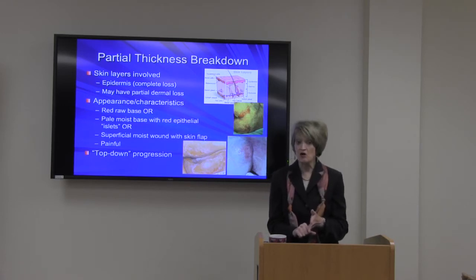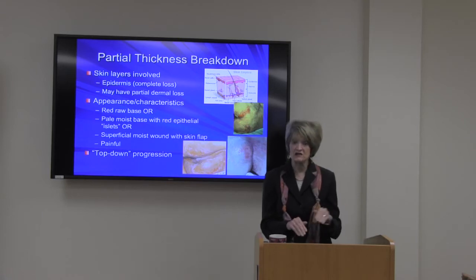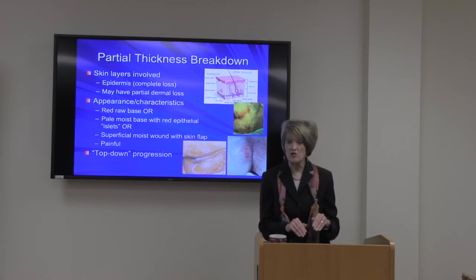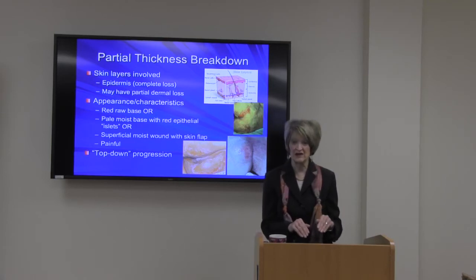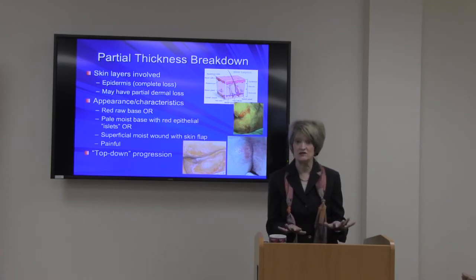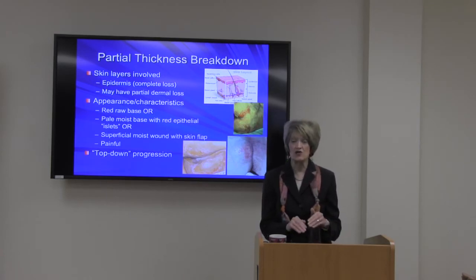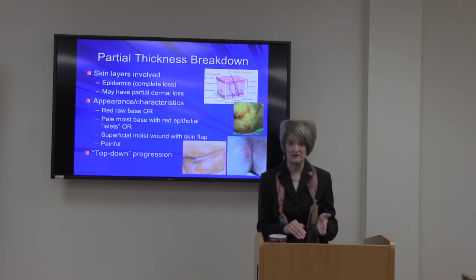So if you have a partial thickness lesion, you have lost the epidermis, you might have lost part of the dermis. It will be 0.2 centimeters or less in depth. Many partial thickness lesions have no depth at all. Others are like 1 millimeter or 0.1 centimeters in depth.